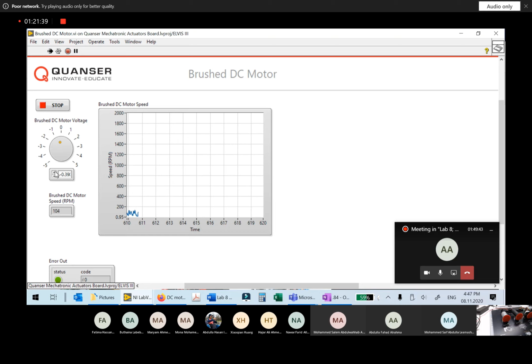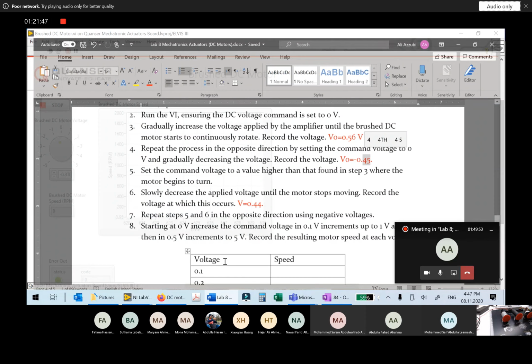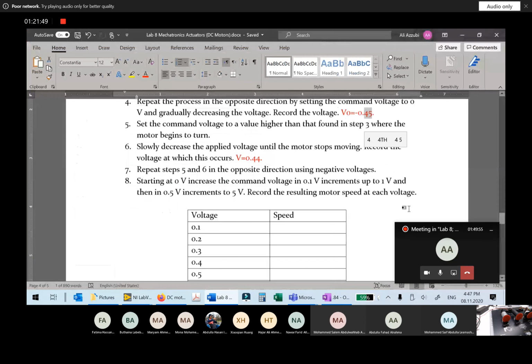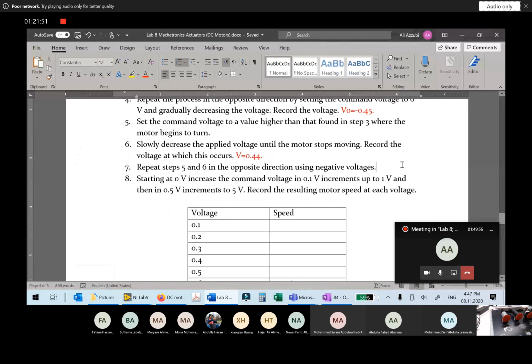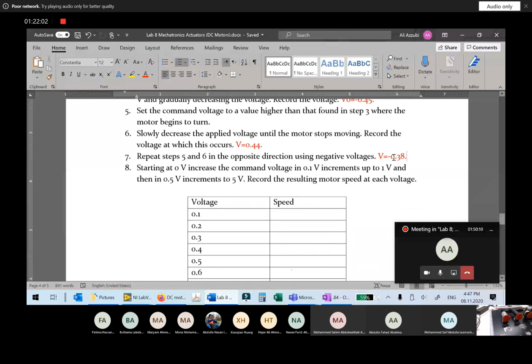Still moving. Okay, stopped at 0.38, something like this. So this is V equals minus 0.38. So again, the same idea has shown up here. Okay, sure.